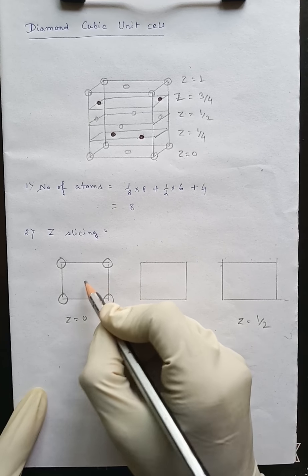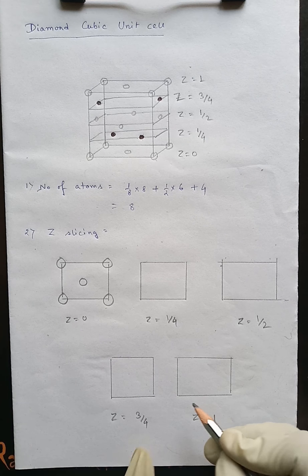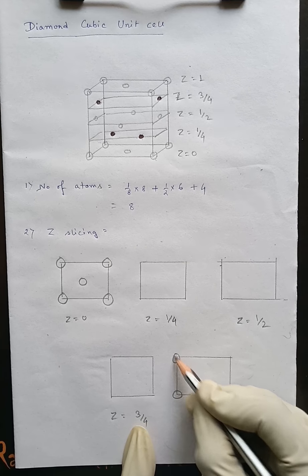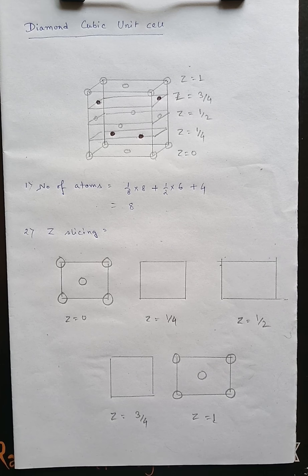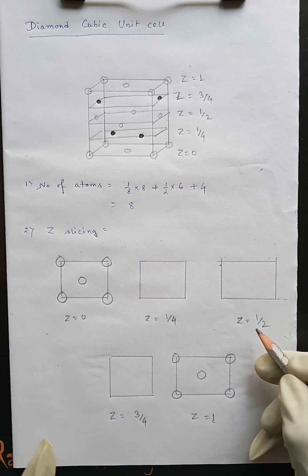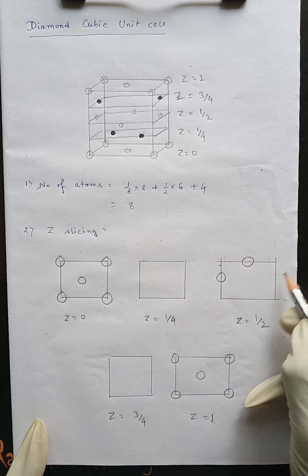Okay, this one and 1 in the middle. Z equals to 0 and Z equals to 1 are actually similar in case of FCC and diamond cubic. Now Z equals to half. This is also similar in the case of FCC and diamond cubic.